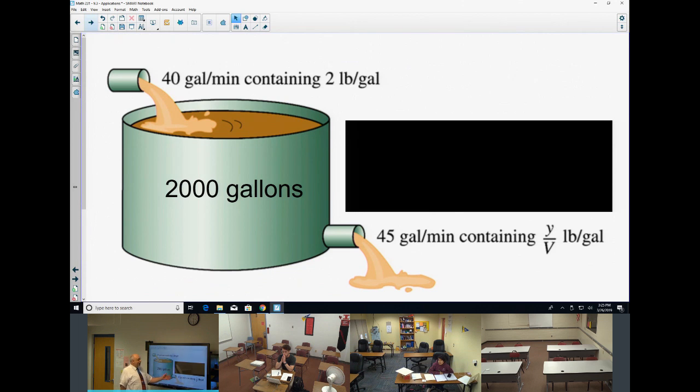But then 45 gallons per minute is getting pumped out, containing y divided by V pounds per gallon. We're going to have to figure out what the y and the V are.